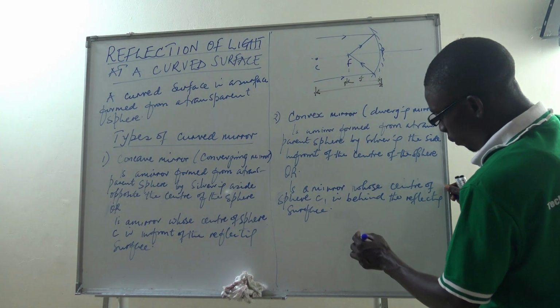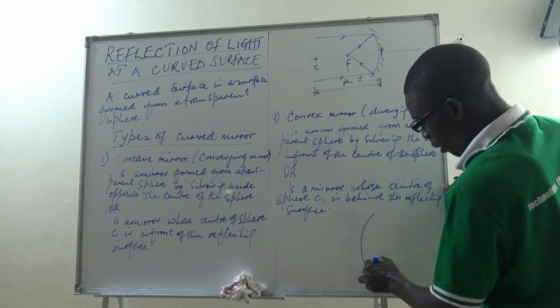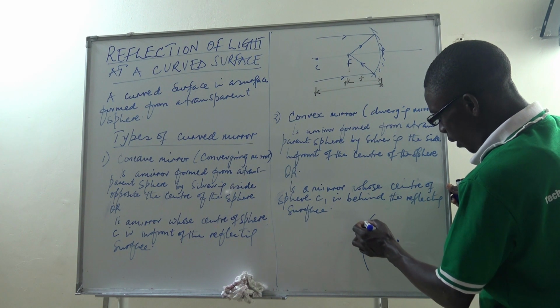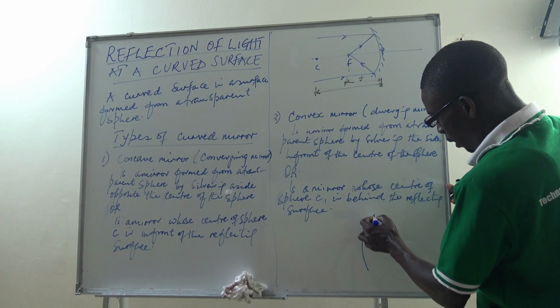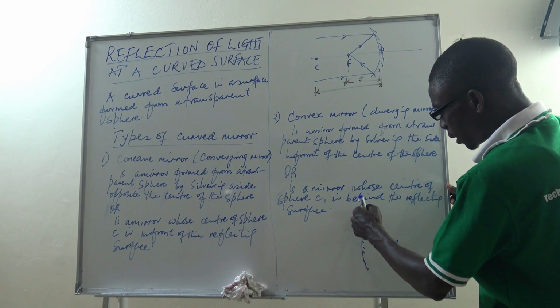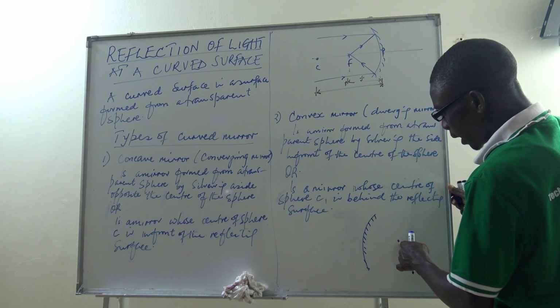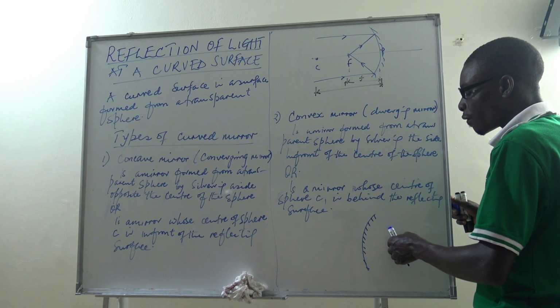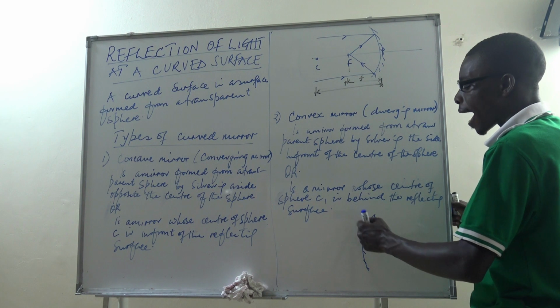That if I have something like this, okay? This mirror has a center here. And you realize that in this case here, the reflecting surface is this side and the center is this side. That means that the center of the sphere is behind, isn't it?